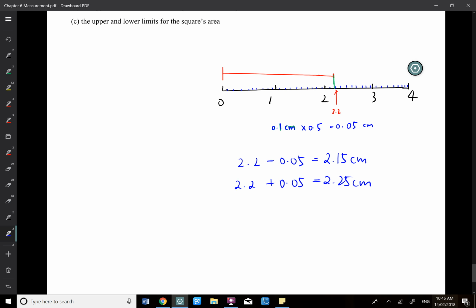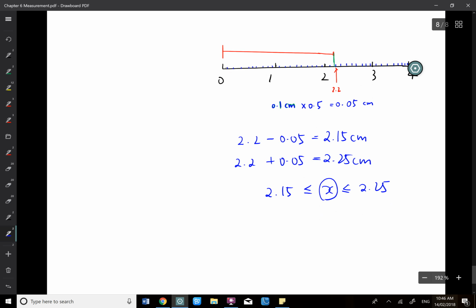So the actual object will be in between that range. This x is the actual length of the object, in between that range. It might be 2.18, it might be 2.19, I can't tell. But the best answer I can give you is 2.2.